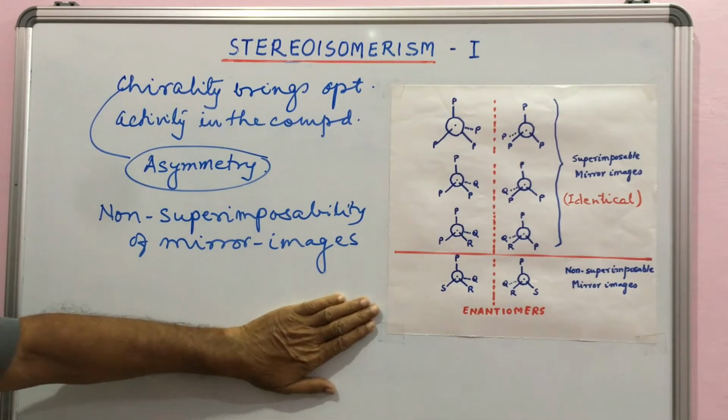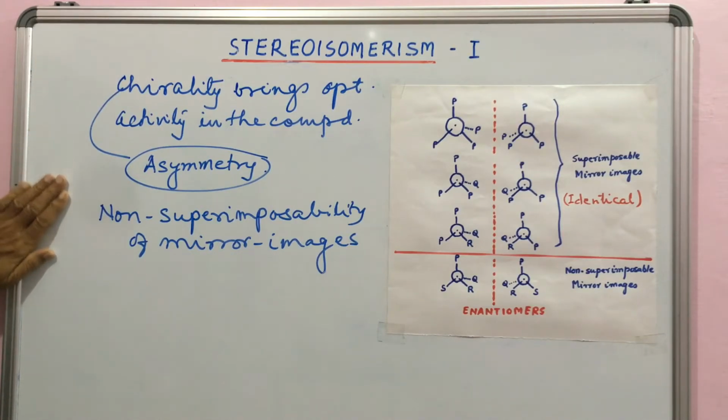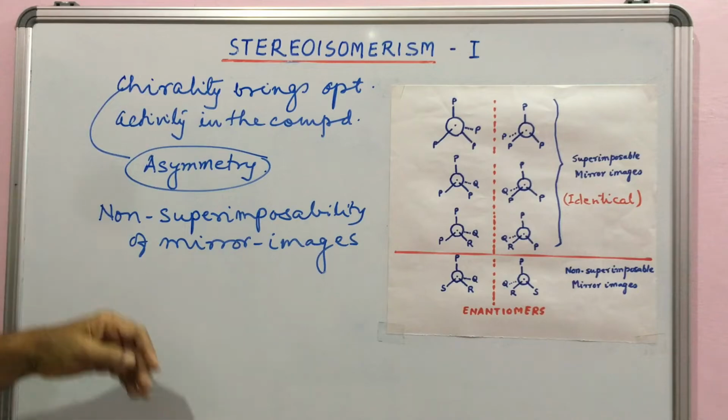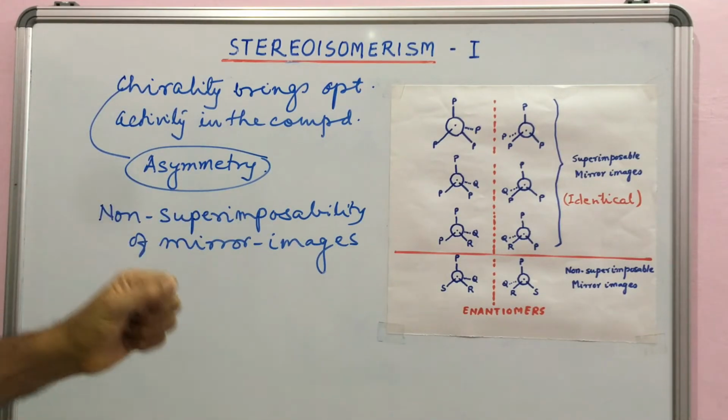Now, organic compounds show optical activity. We have to see what type of organic compounds show this optical activity and hence optical isomerism.